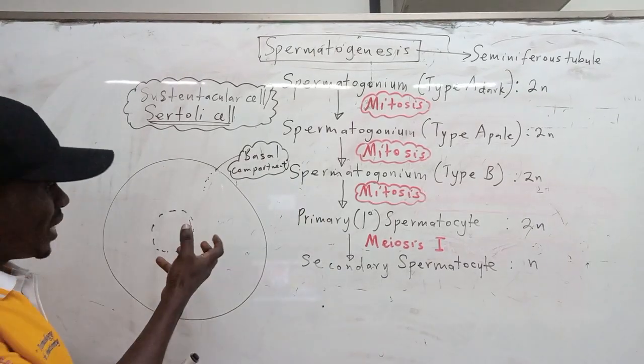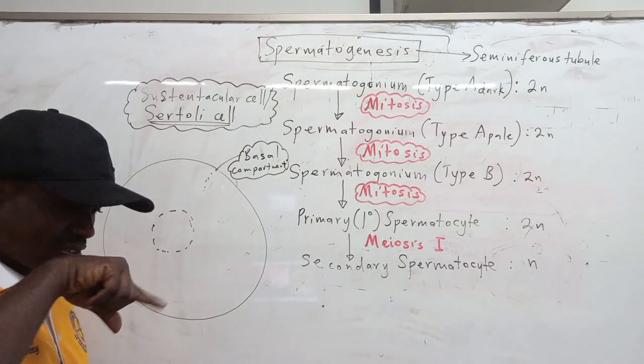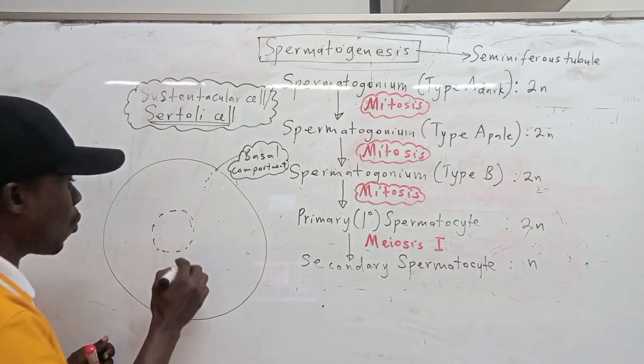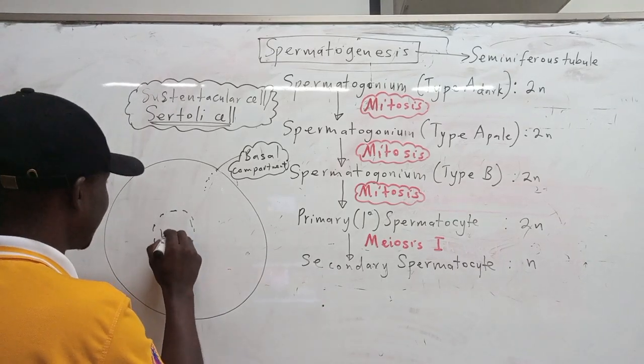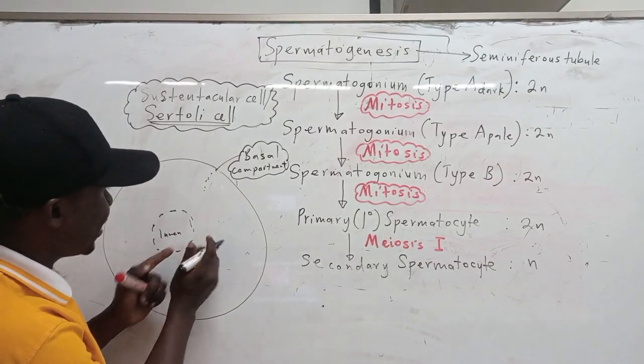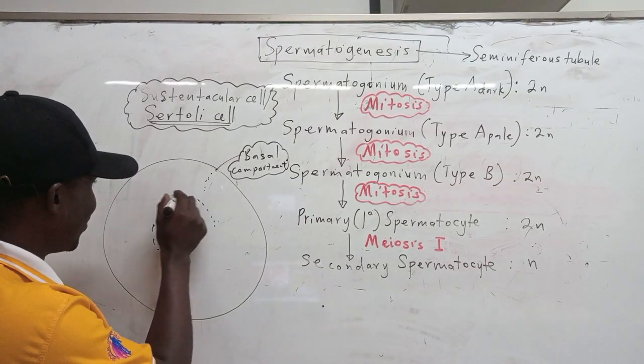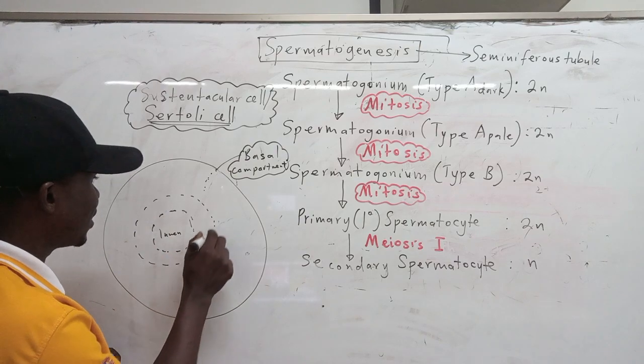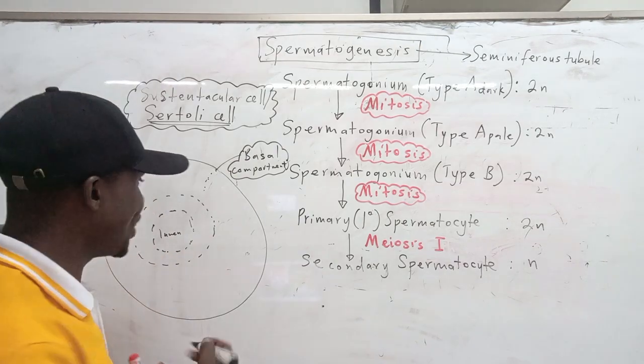Now, as I move from the base and come towards the central cavity over there, something we call lumen. For this reason, as I get closer to the lumen, this region around the lumen becomes the luminal compartment.